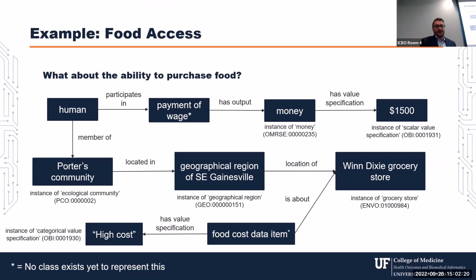One way to possibly do that would be to say that there's a food cost data item that has been validated by a study, and they've determined that that grocery store has, on average, very high cost food. Similarly for ramps, if somebody actually sits there and verifies that and then publishes that data online, you might be able to make use of that for this.